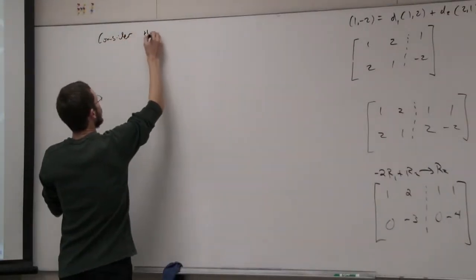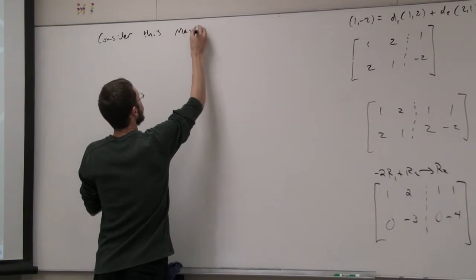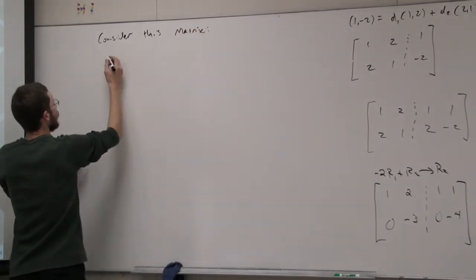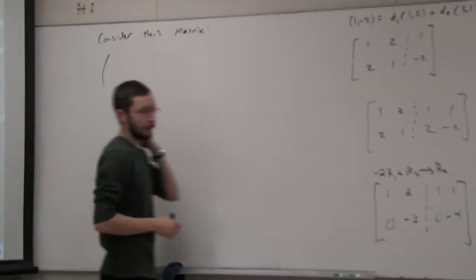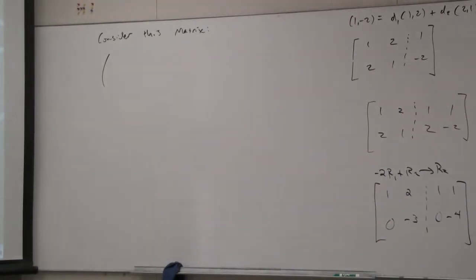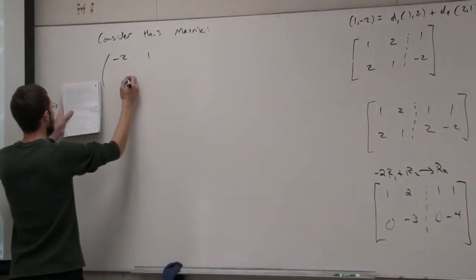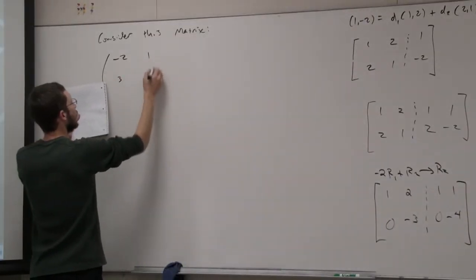And so let's go and just consider this matrix here, where it's pretty much just chosen arbitrarily. Negative 2, 1, 3, 2.